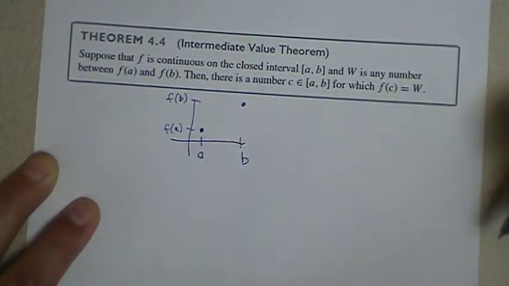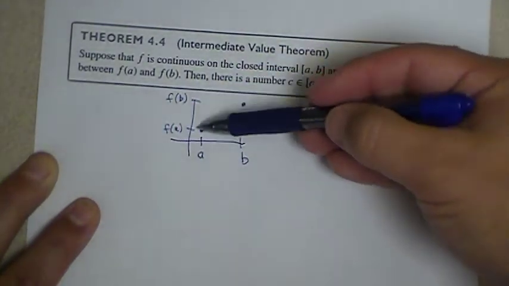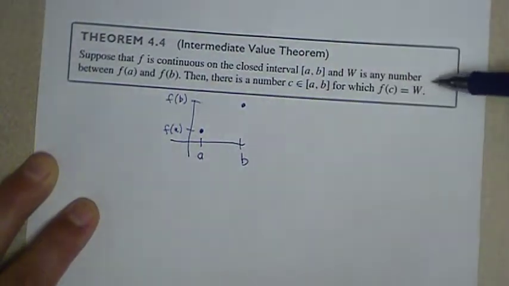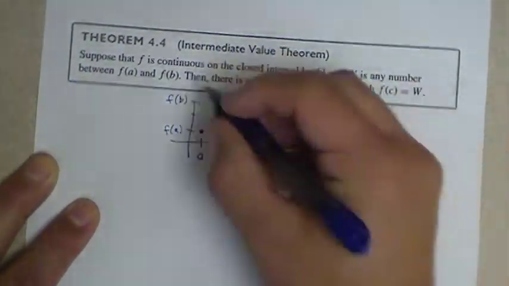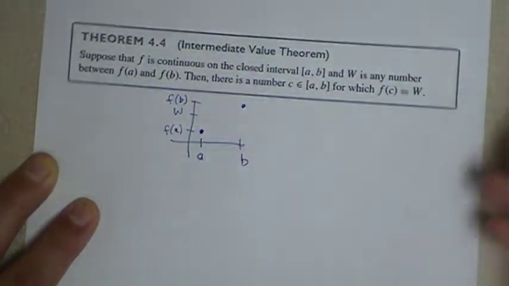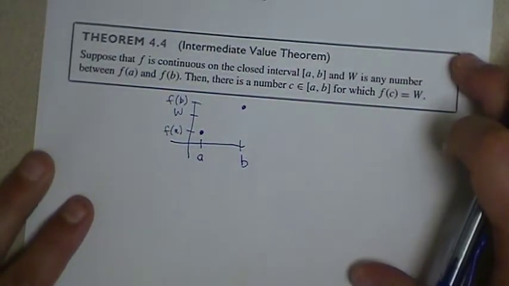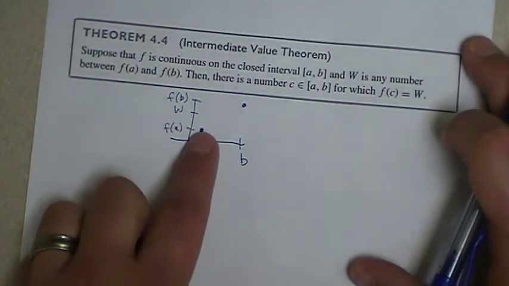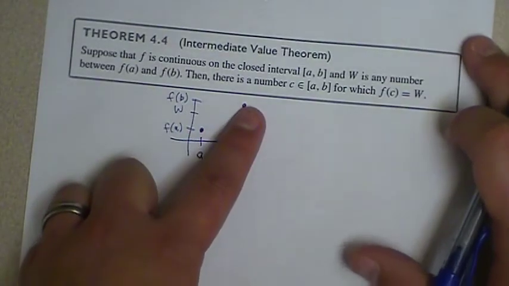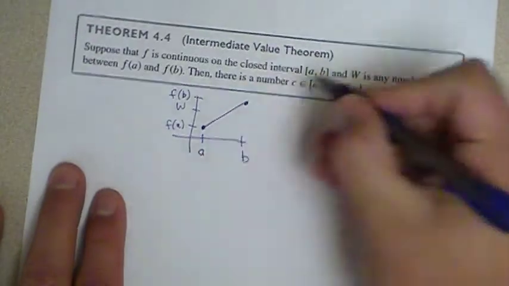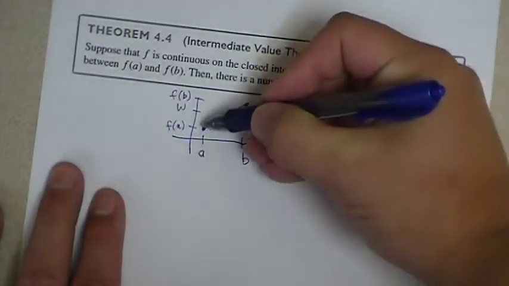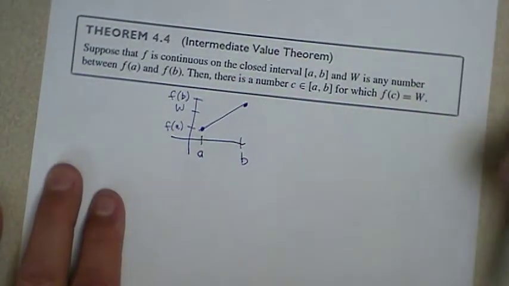If you pick any value intermediate to these two y values, and our book calls this value w, there's absolutely positively no way that you can connect this point to this point with something that's continuous without crossing w. So you must cross w to get from this point to this point with a continuous graph.